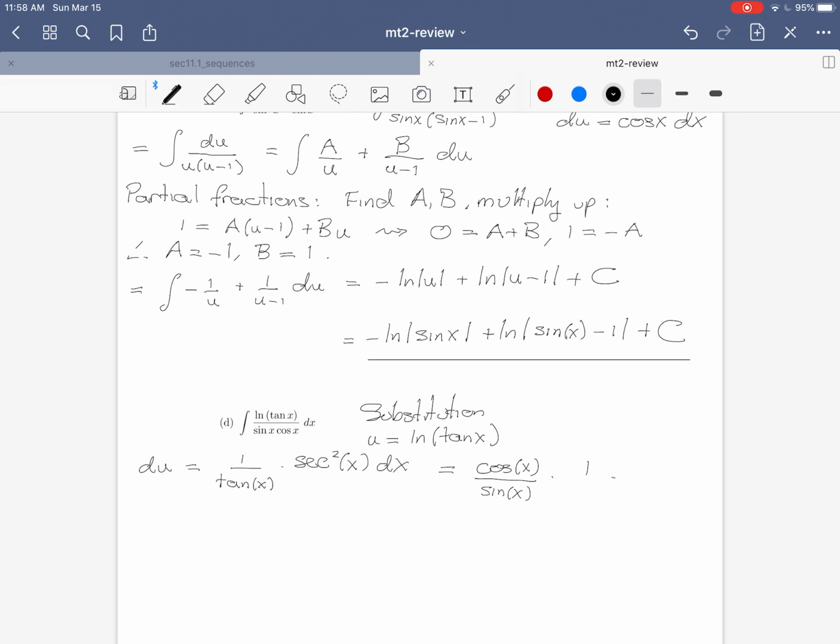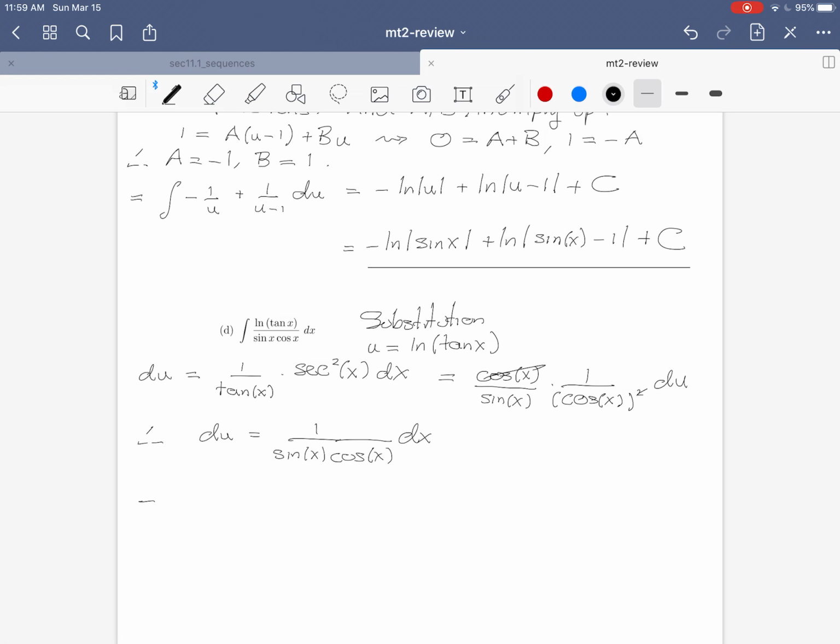And by definition, sec x is 1 over cos x, so we have 1 over cos squared x. We can cancel some of these terms, and what we end up with is du is equal to 1 over sine x cos x dx.